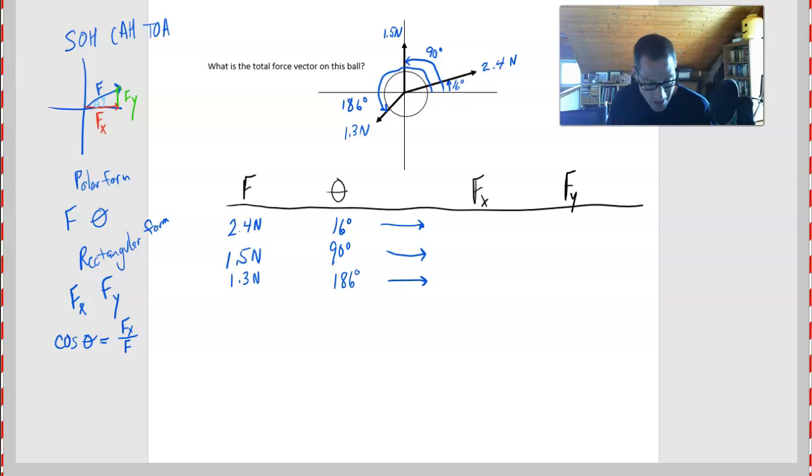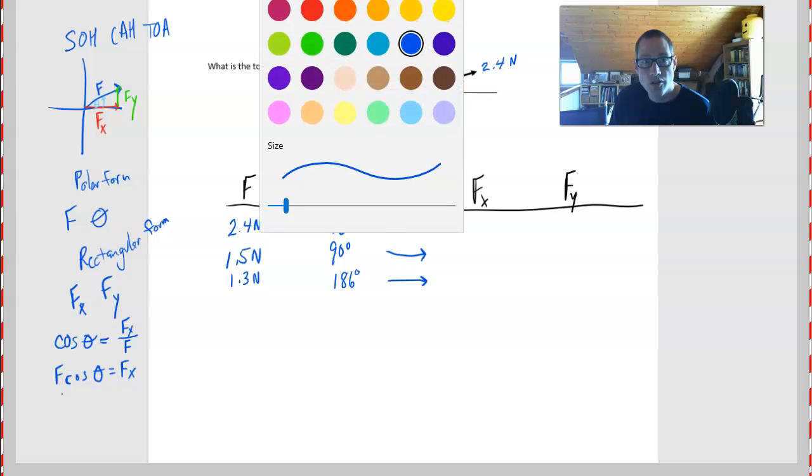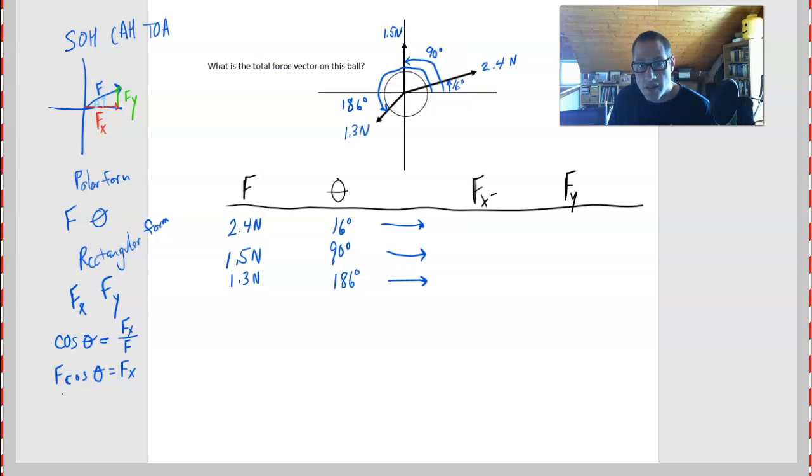Okay, and we're trying to find f of x. So we multiply both sides by f, and so f cos theta is equal to f of x. So we can say f of x equals f cos theta.